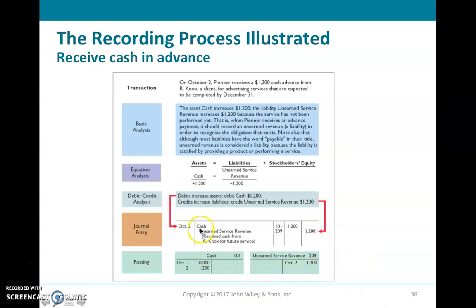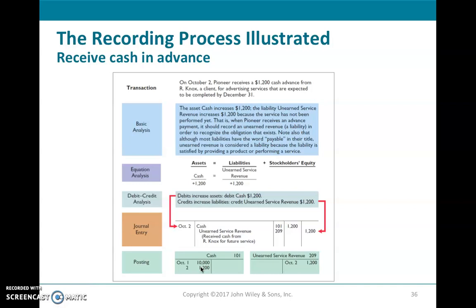That's why we debit cash and credit the liability to increase it, unearned service revenue. And again, we're now going to post this transaction to the respective T accounts in the general ledger. Once you have a T account for cash, you're going to use the same T account for the entire life of the company.